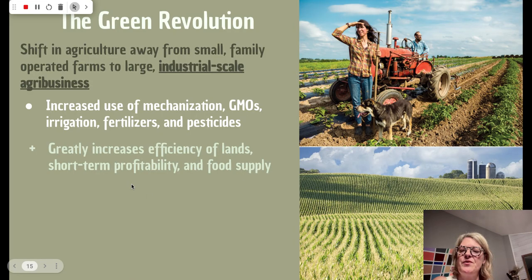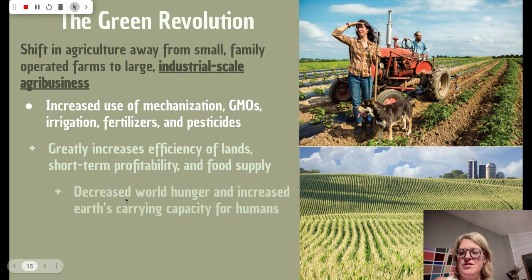The Green Revolution also greatly increased the efficiency of our land and the short-term profitability. Not necessarily the long-term, because there's a lot of unintended consequences that came along with this short-term profitability, and it also greatly increased our food supply.